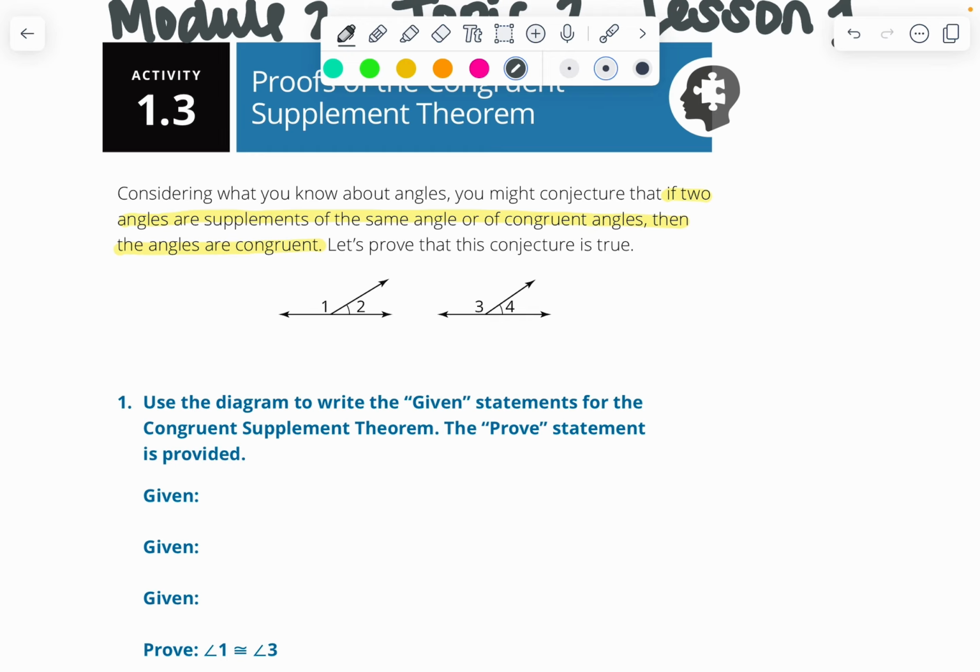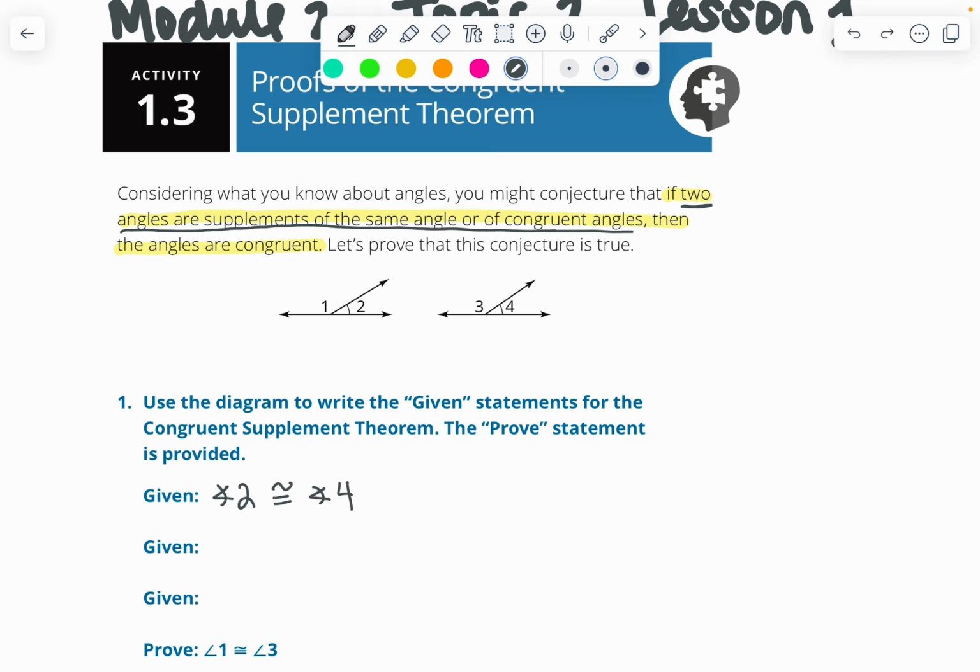So I am going to use this sentence to help us out. This would be our given information. If two angles are supplements of the same angle or of congruent angles. Right off the bat, I can see that angle 2 is congruent to angle 4, so I'm going to start with that. That's the congruent angles part.